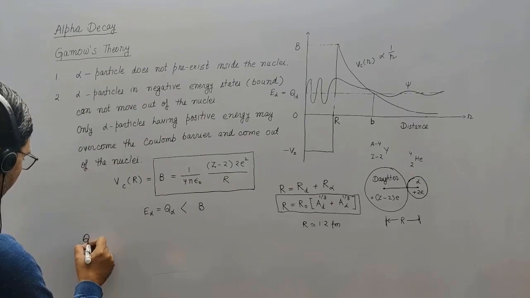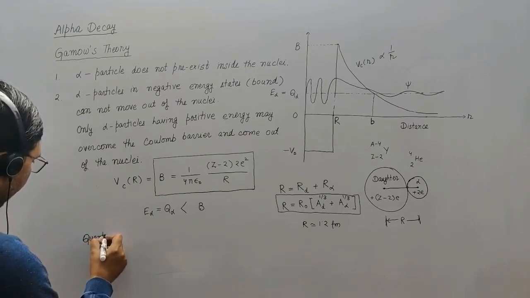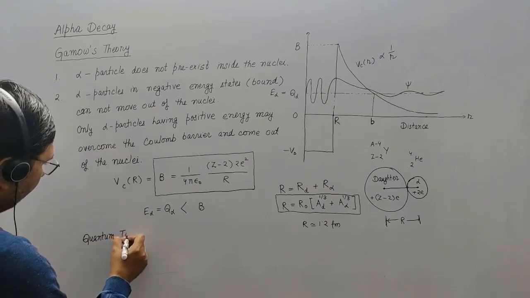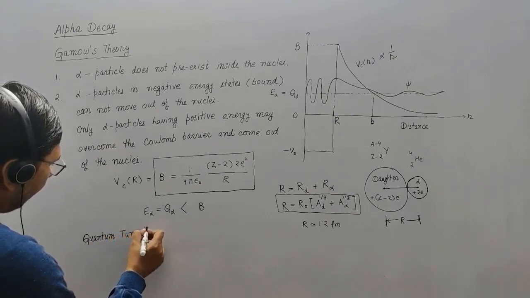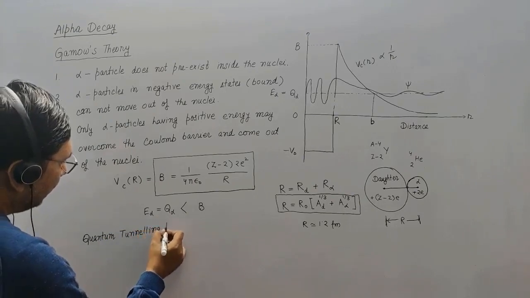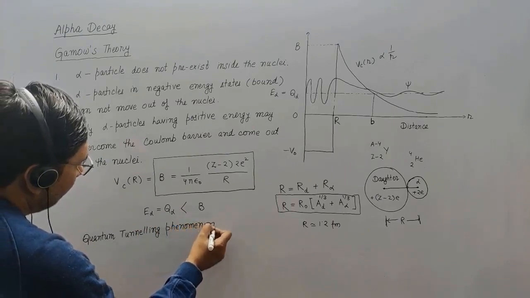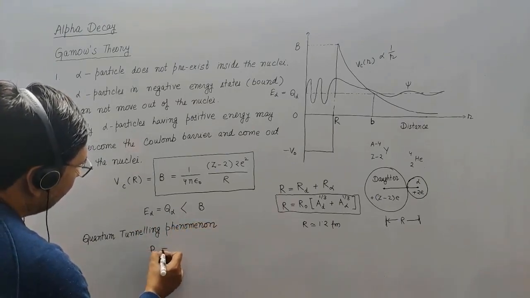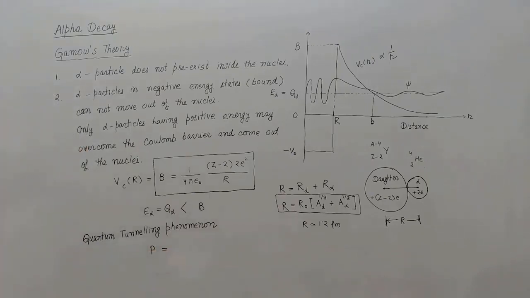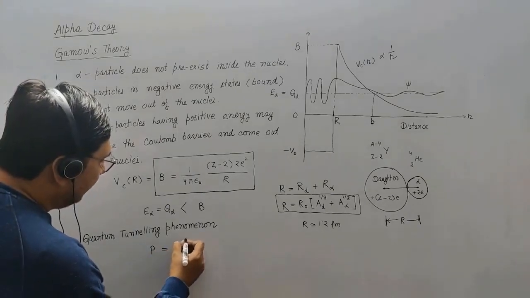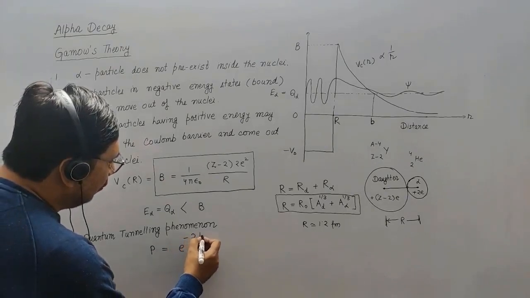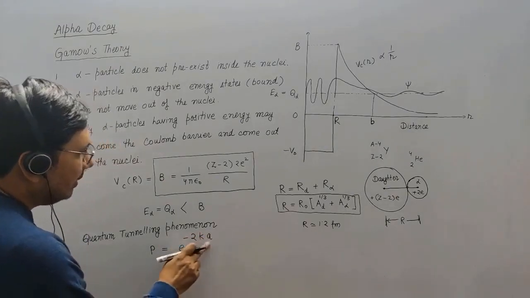So, according to quantum tunneling phenomena, there is a certain probability that a particle having energy less than the barrier height can cross the barrier, and it is given by e to the power minus 2ka, where a is the barrier width.